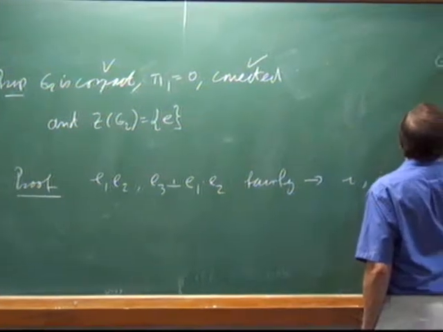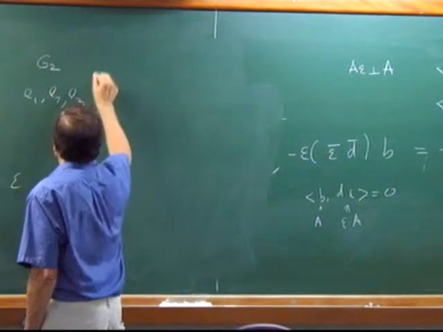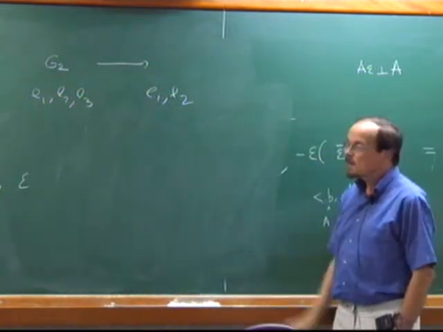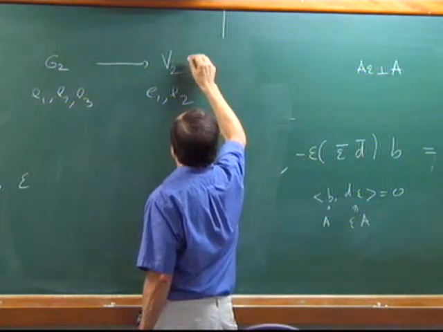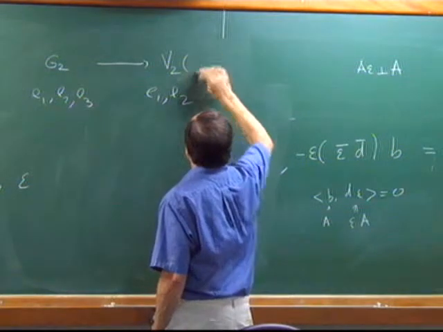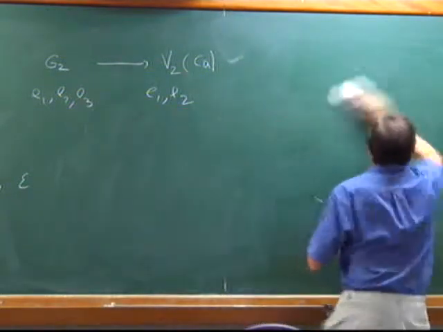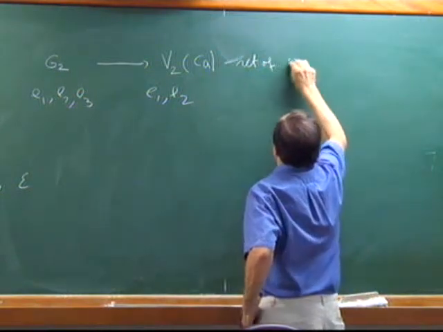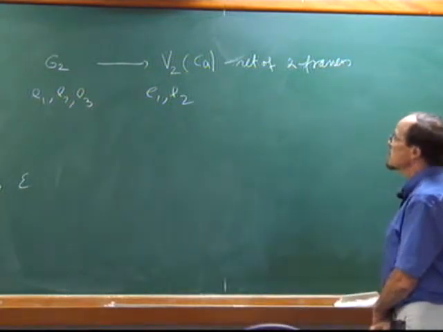So I claim, let's take an element g in G2. That means I have an E1, an E2, and an E3, and I send this to the first 2 vectors. Those are 2 orthonormal vectors, so that's what's called the Stiefel variety of 2-frames in R8, in the Cayley numbers. 2 orthogonal unit vectors.